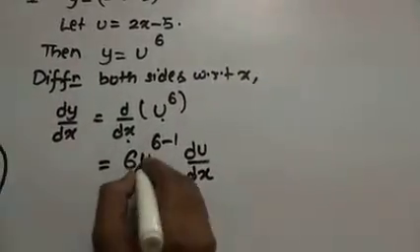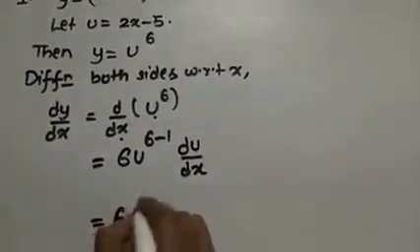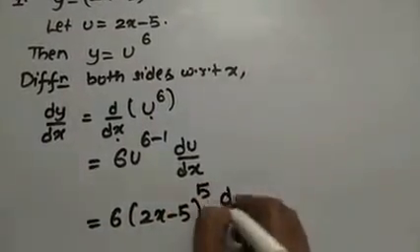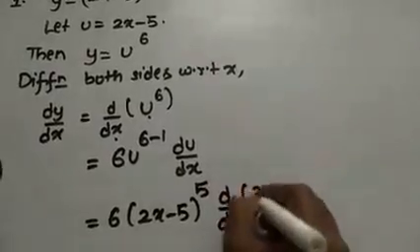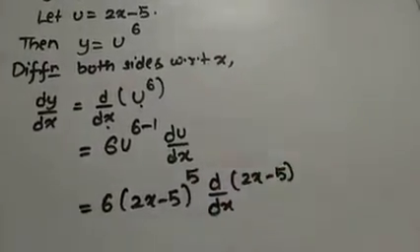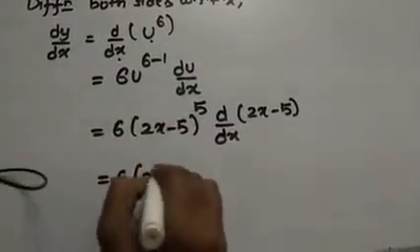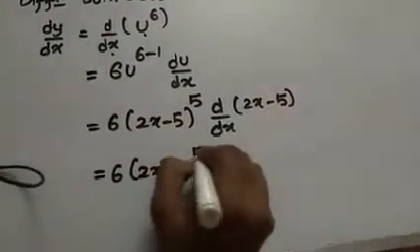Now putting the value of u, what was the u here? 2x minus 5, 6 minus 1, that is 5, d dx of u, where u is 2x minus 5, that is 6 (2x minus 5) to the power 5.